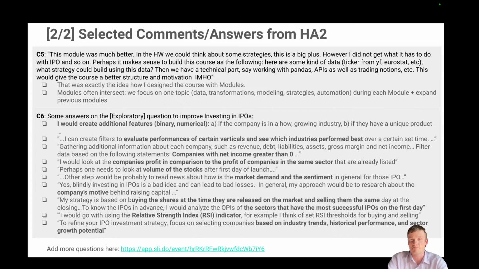And then maybe to go to the company financial indicators and define some thresholds or some conditions, for example on net income greater than 0, or some other conditions based on your experience or based on the analysis from the public companies that were listed and were successful after IPO.